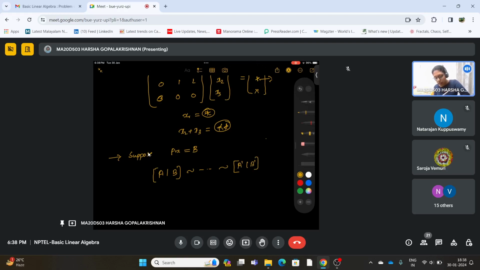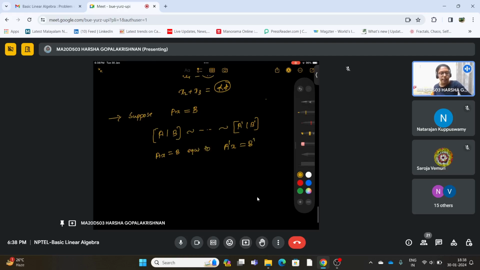Then Ax equal to B is equivalent to A dash x equal to B dash, so instead of Ax equal to B, we can solve A dash x equal to B dash. By checking the nature of the matrix A dash B dash, we can say whether it has a unique solution, infinite solutions, or no solution.